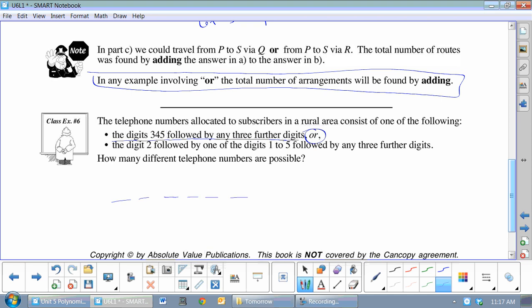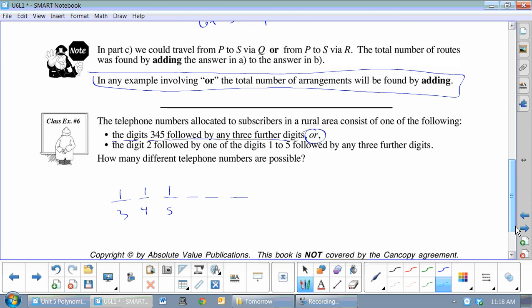Now, the first digits are 3, 4, 5. So how many choices do I have for 3? 1. How many choices for 4? 1, 1. Okay? So that's like the Henry Ford example. You can have any color you want as long as it's black. Okay? You get excited for a second, and they're like, oh, crap. That's just 1. Okay?